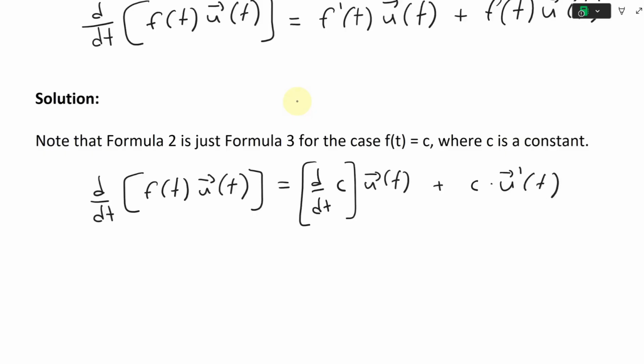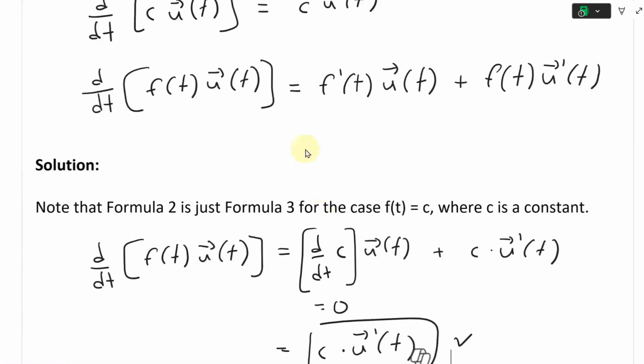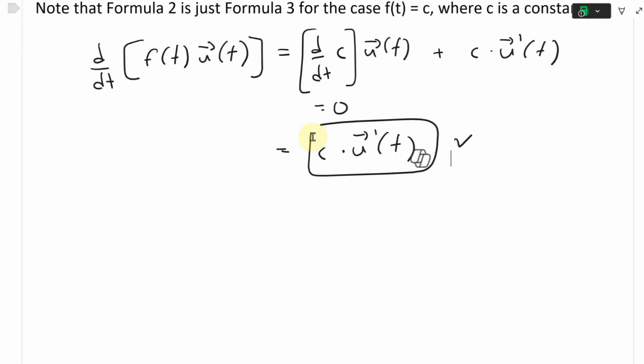And now the derivative of a constant just equals 0. So what we end up getting is just c times u prime of t. So that's formula 2 right here, based on formula 3. So now we just need to prove formula 3, and we've proven everything there is to prove.